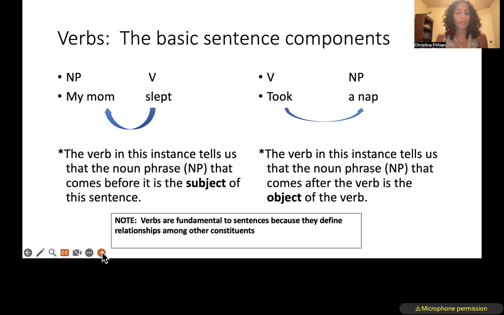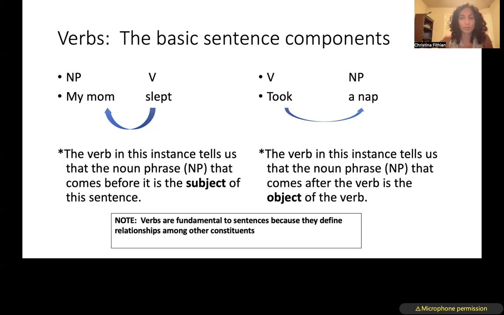Okay. So the general rule when you're trying to figure out what type of verb you have is to look left and look right. Much like, before you cross the street, you look left and then you look right. It's the same thing you do with a verb. So I'm looking at the verb sleep, or in this case, it's slept in past tense. Tense doesn't matter. I'm trying to figure out what type of verb I have.